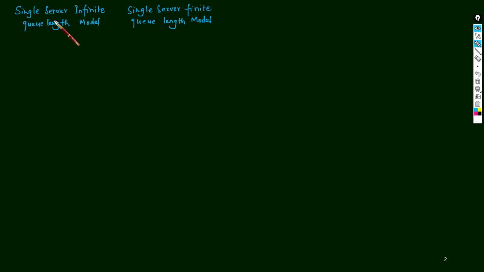So in the single server queue, how it was denoted: it was denoted in this way, M/M/1/infinity. Here we have written FCFS. Sometimes this will not be written, since it is obvious that it's FCFS, so there is no need of writing that.